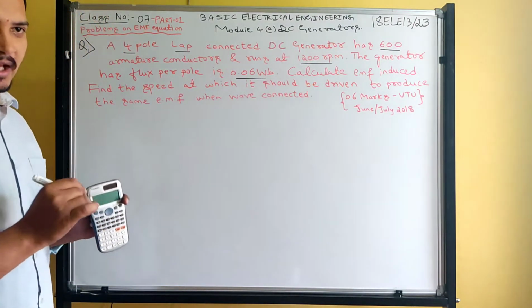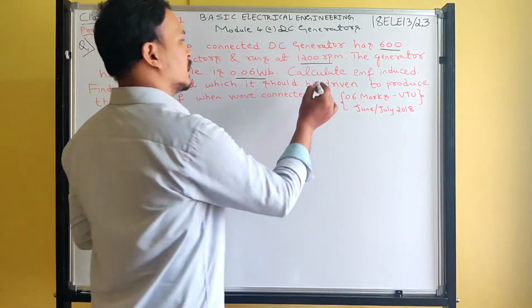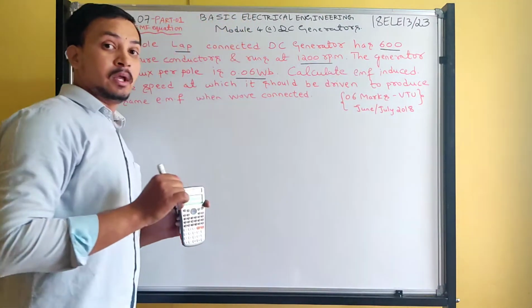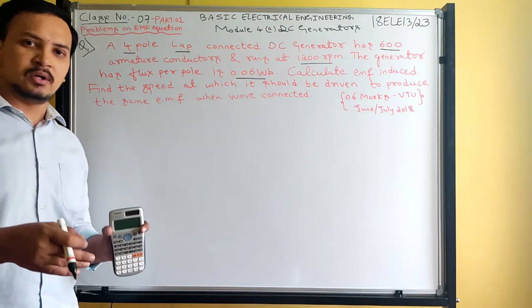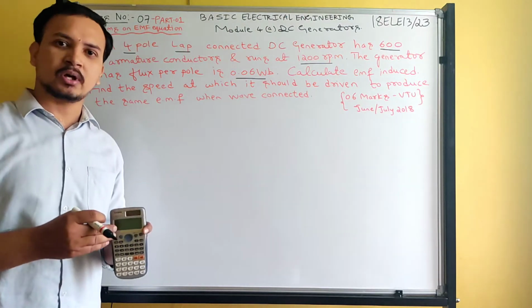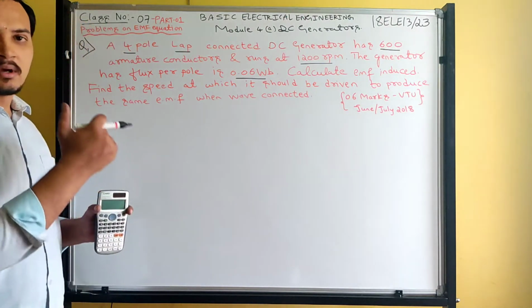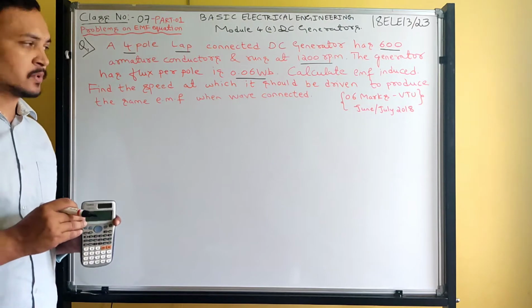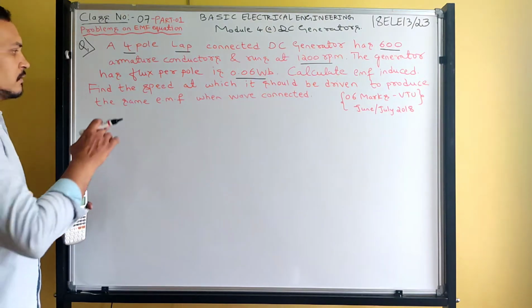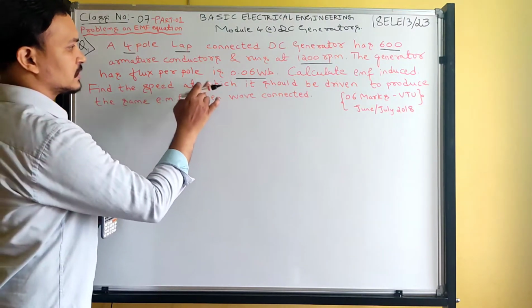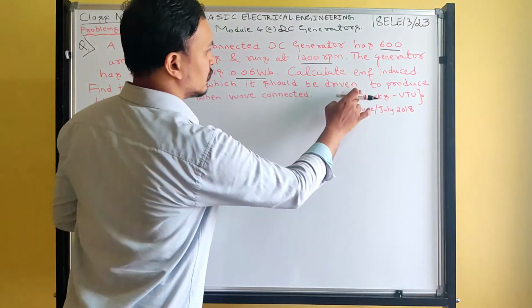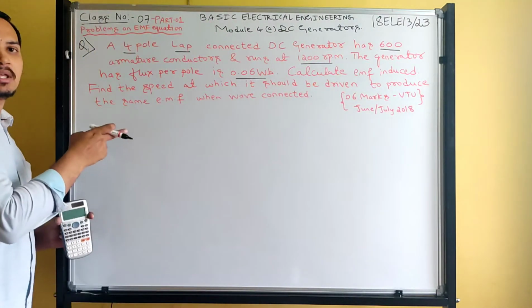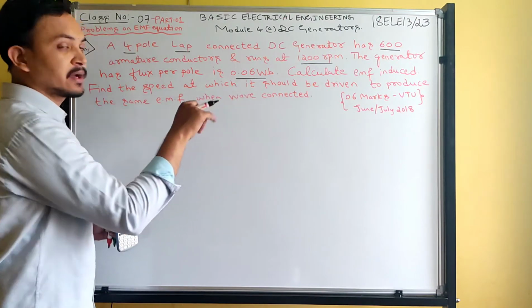Calculate the EMF induced, or EMF generated, both are the same. This is the first part of the question. The second part is, find the speed at which it should be driven to produce the same EMF when wave connected.